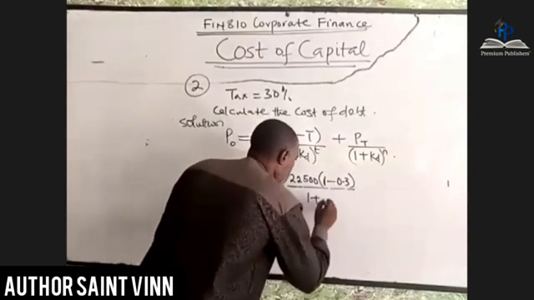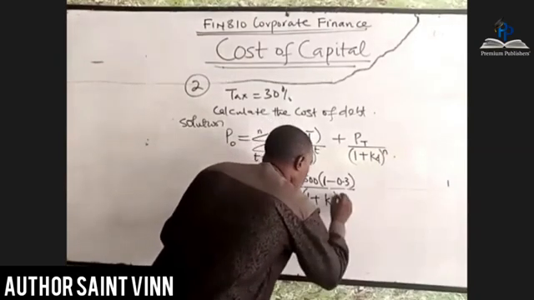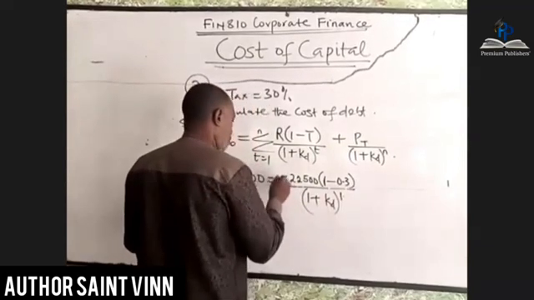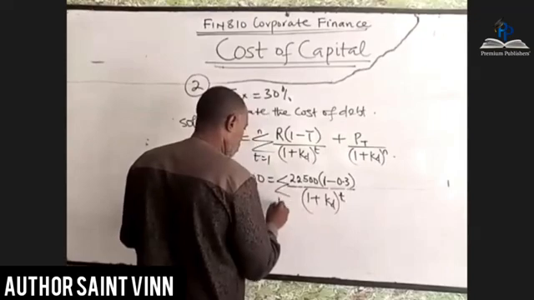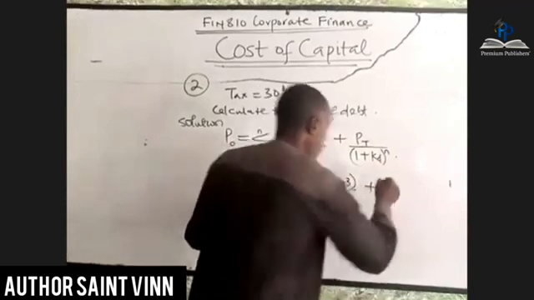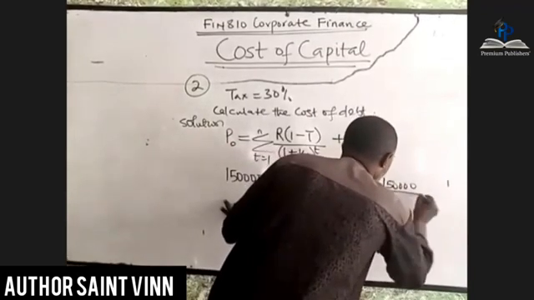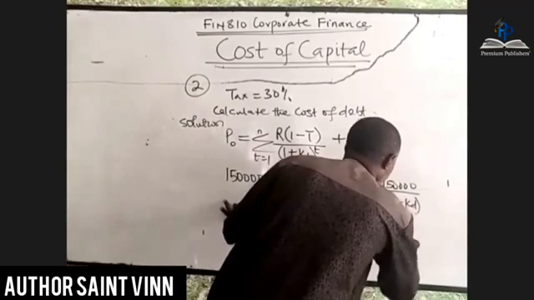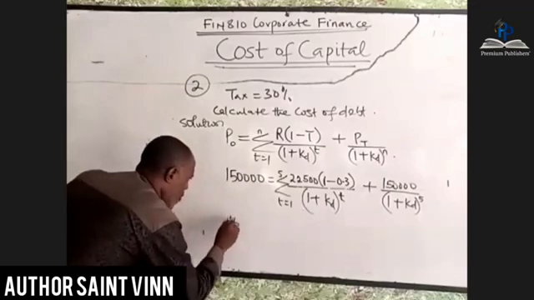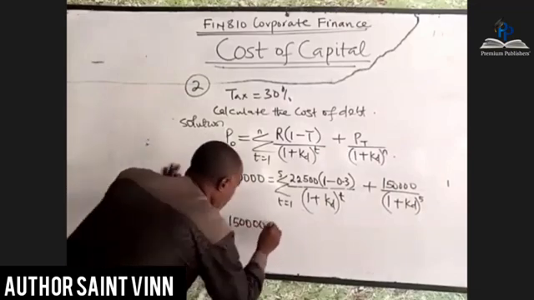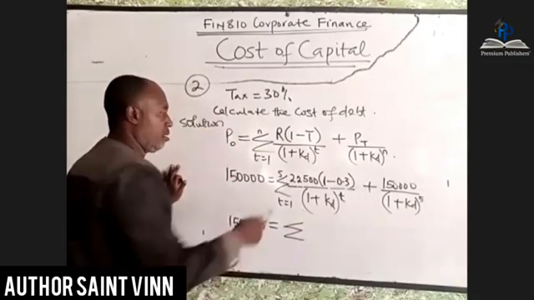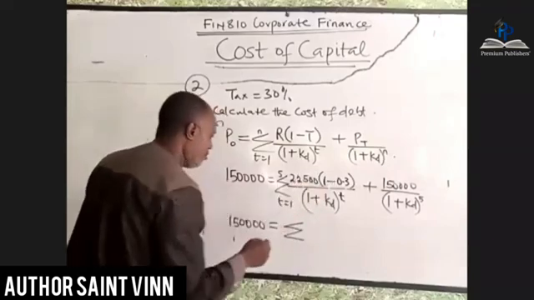All over 1 plus kd, starting from t equals 1 to 5, plus 150,000 over 1 plus kd, all raised to power 5. We'll take our time to readjust this. I hope somebody has calculated for me: 22,500 times 70%, 22,500 times 0.7.